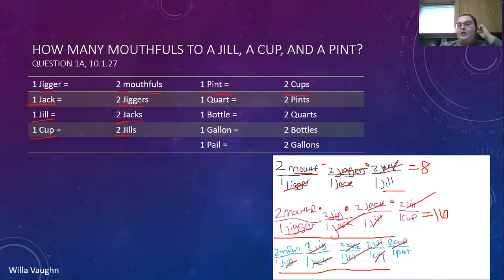And now we're left with our 2 mouthfuls and our pint. And so again, we're just going to add another 2 to the multiplication. So we'll have 2 times 2 times 2 times 2 and times 1 more 2. And that's going to give us 32. So we'll have 32 mouthfuls to 1 pint.